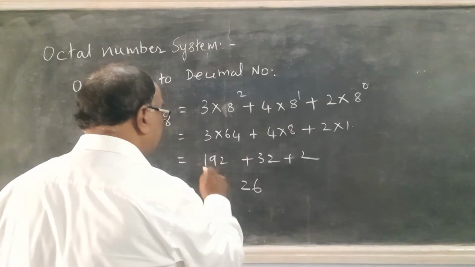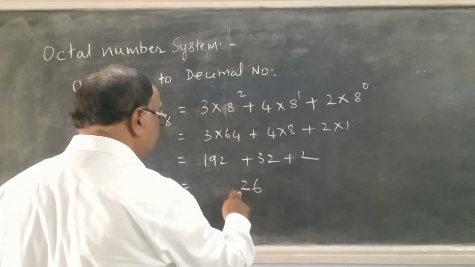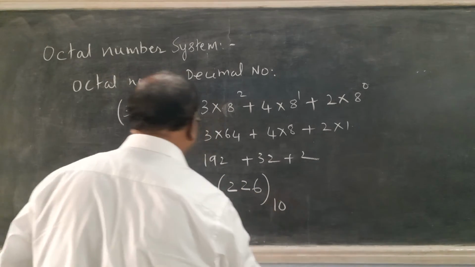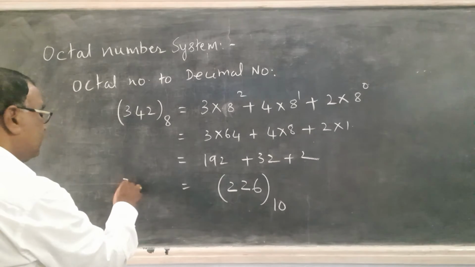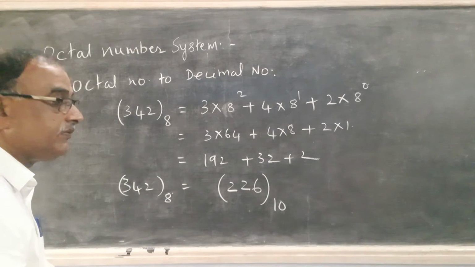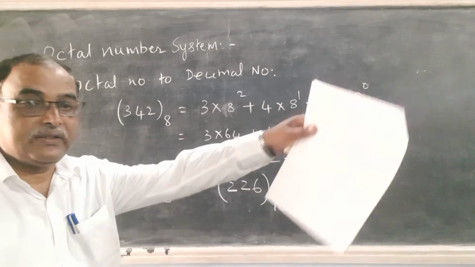Adding them, we get 226. So 342 in the octal number system is equivalent to 226 in the decimal number system.